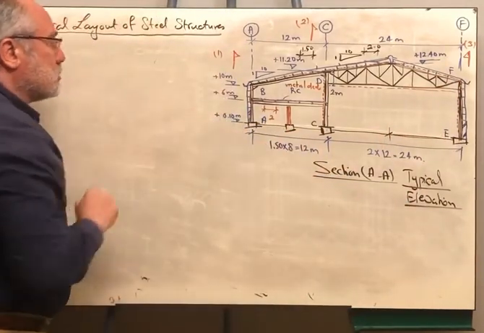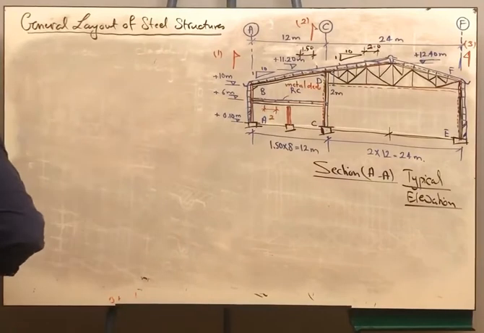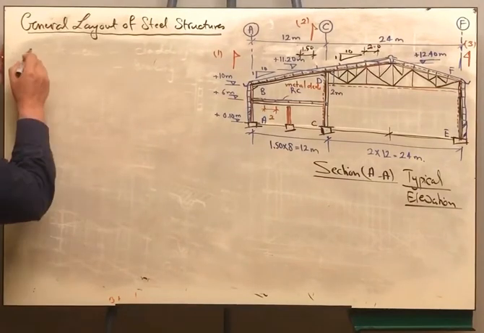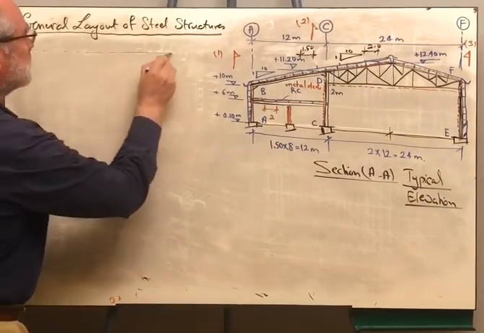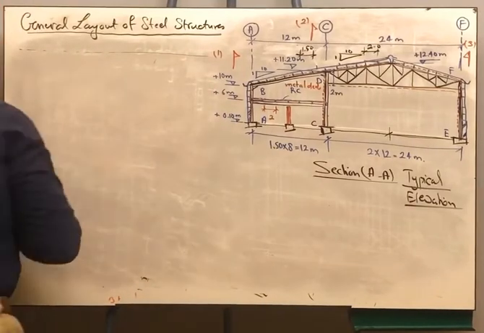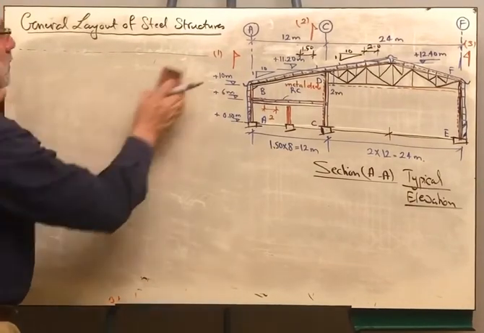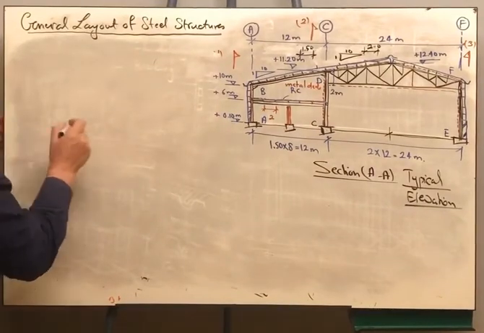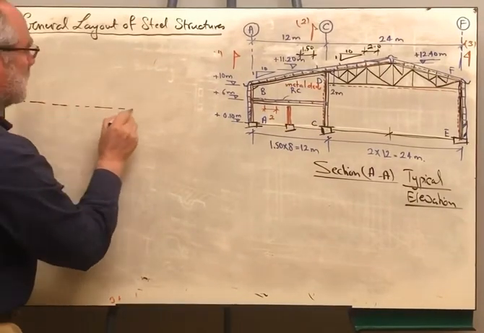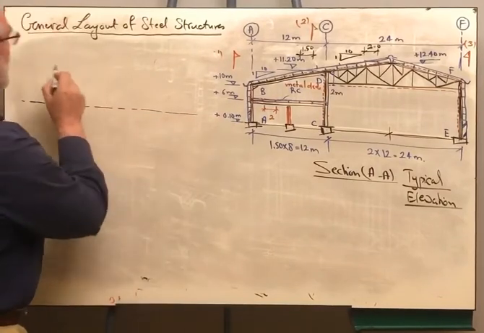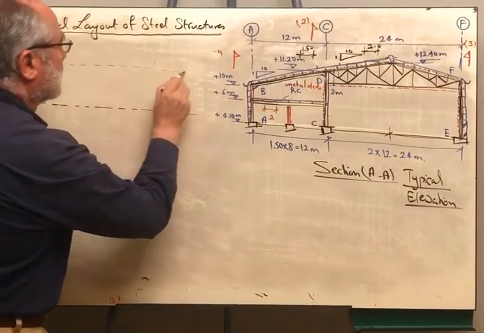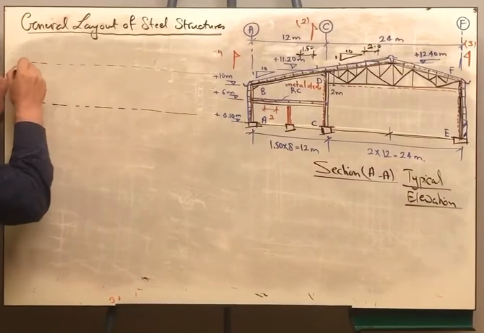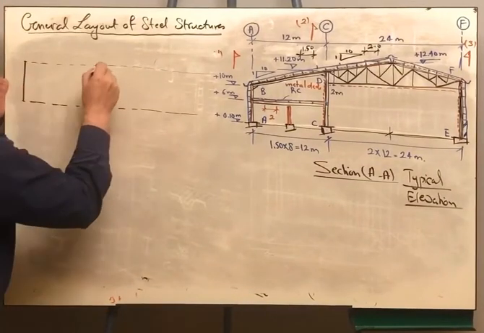So let me first show you the first view. These are the columns.